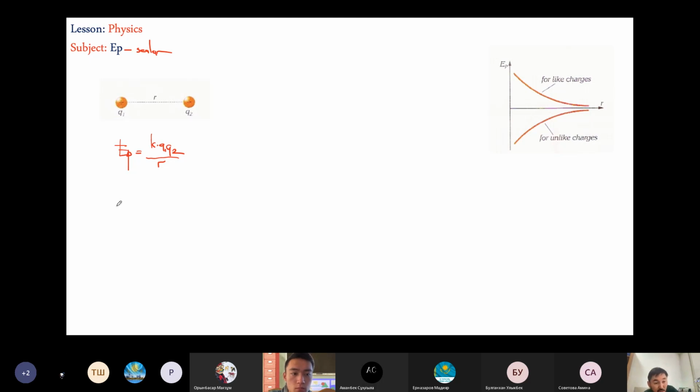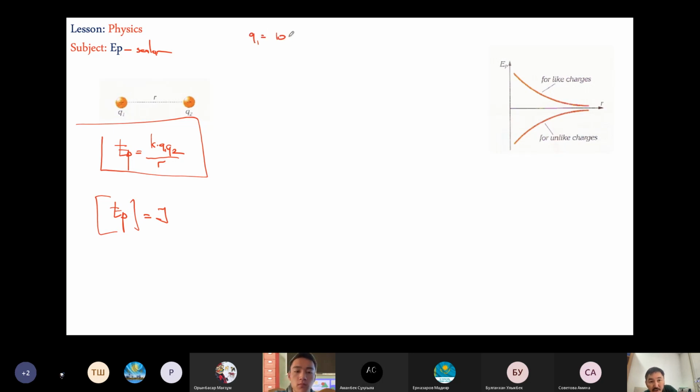Of course, the unit for electric potential energy is joules, because the energy is measured in joules. So the formula is easy. You see, K times Q1, Q2 over R. And as in the graph show, let's suppose that I have these two charges here, and give them the numbers.